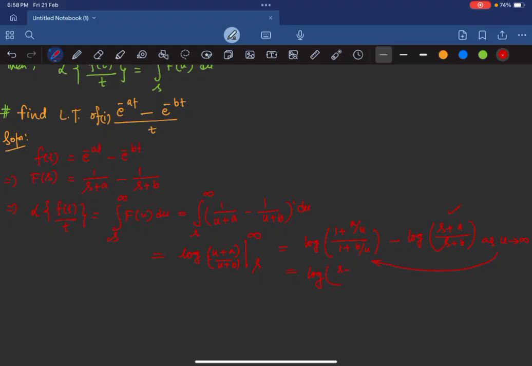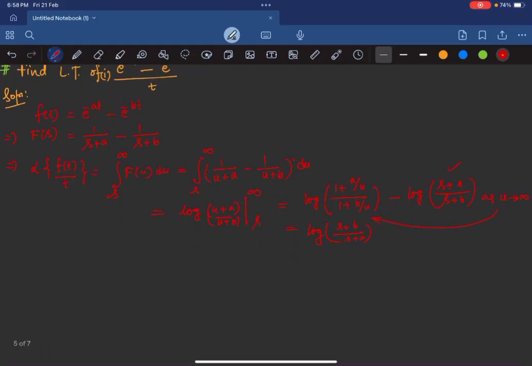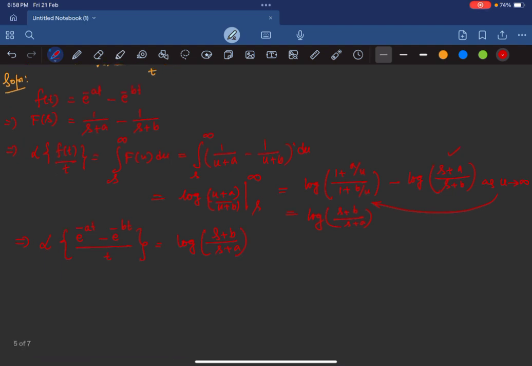Use the property of logarithm: that is log of (s+b)/(s+a). So the Laplace transform of (e^(-at) - e^(-bt))/t is log of (s+b)/(s+a), correct.